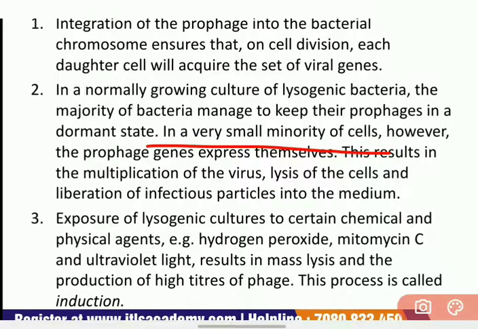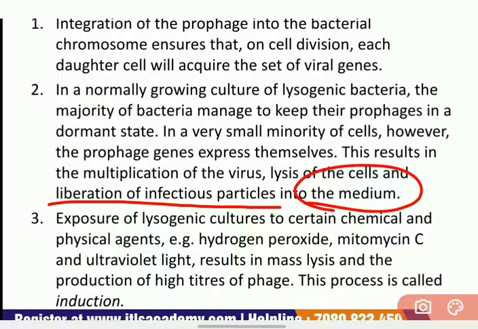In a very small minority of cells, however, the prophage genes express themselves. This results in the multiplication of the virus, lysis of the cell, and liberation of infectious particles into the medium.